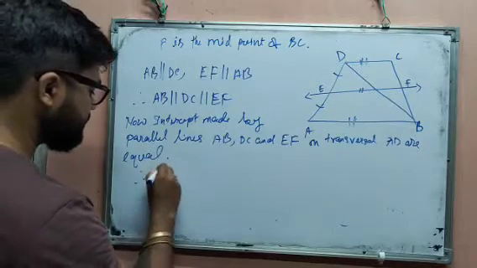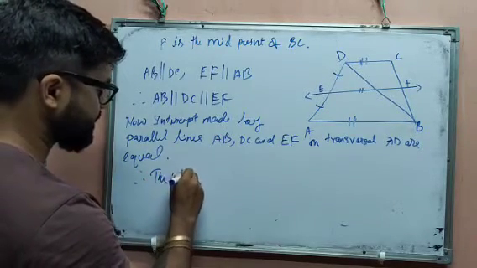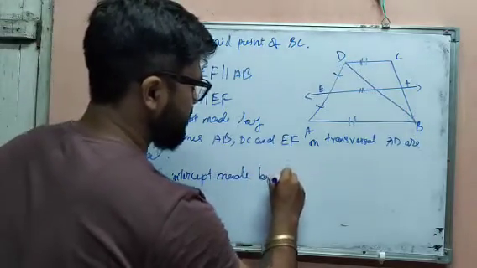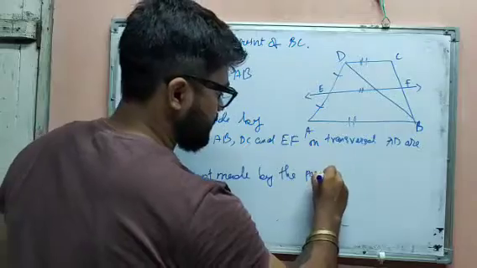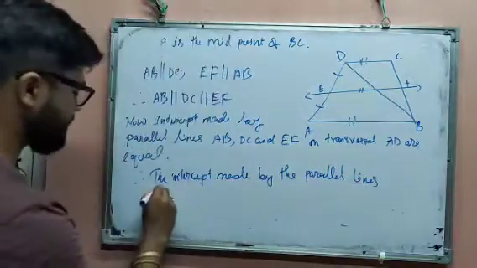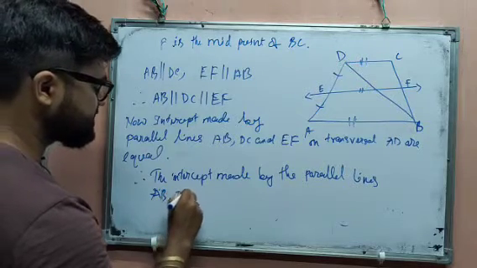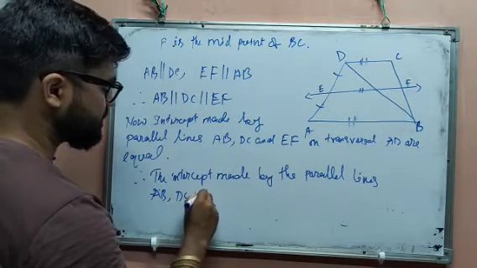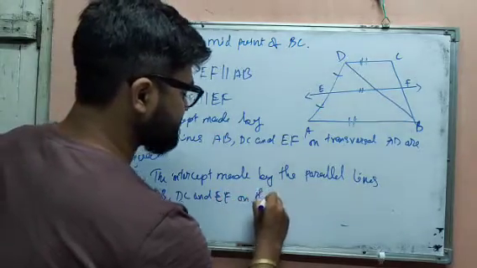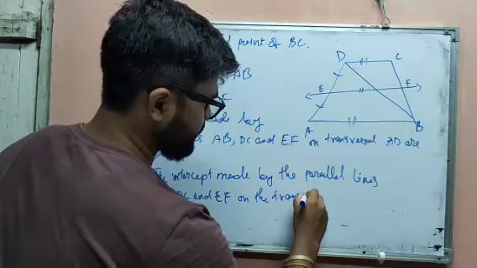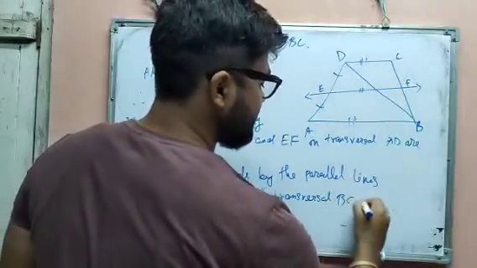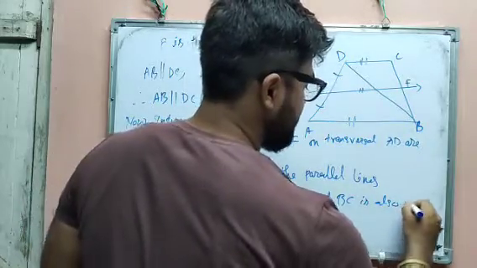Therefore, the intercepts made by the parallel lines AB, DC and EF on the transversal BC are also equal.